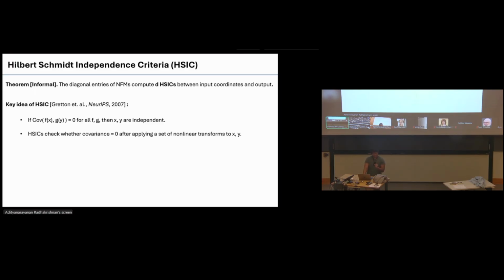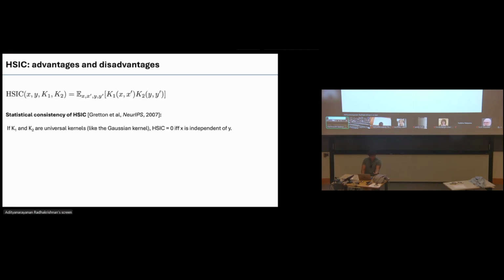And the key idea behind HSIC is that you check a specific subset of nonlinear transformations. It's a countable subset of nonlinear transformations that you apply to x and y, checking whether the covariance is 0, and you do this through a kernel trick. So given two kernels, k1 and k2, you effectively compute the squared Frobenius norm of the covariance between these transformed variables. If that quantity is 0, then x and y are independent, and it's an if and only if statement.